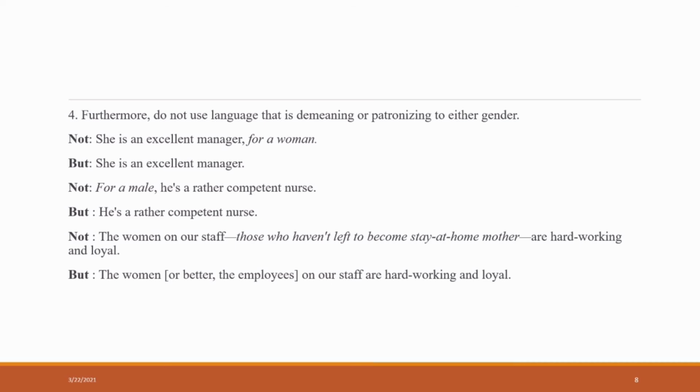Not, the women on our staff, those who have not left to become stay-at-home mothers, are hardworking and loyal, but the women, or better, the employees on our staff, are hardworking and loyal.